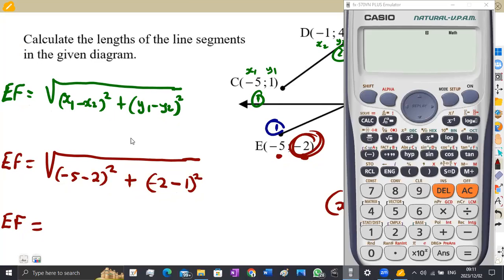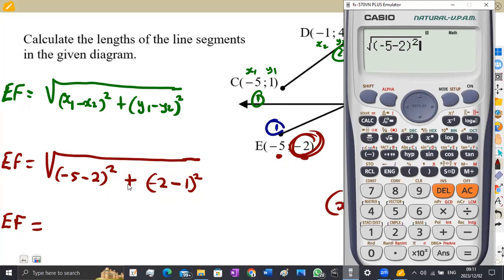You can simplify minus 5 minus 2 squared, minus 2 minus 1 squared, stage by stage, or you can put everything on the calculator: the square root of, open the bracket, negative 5, then subtract 2 and square the bracket.